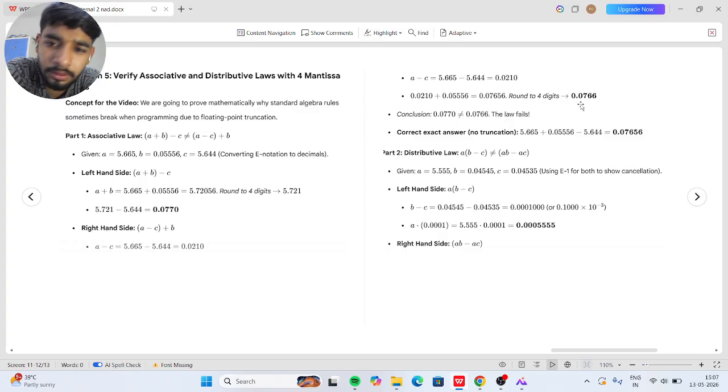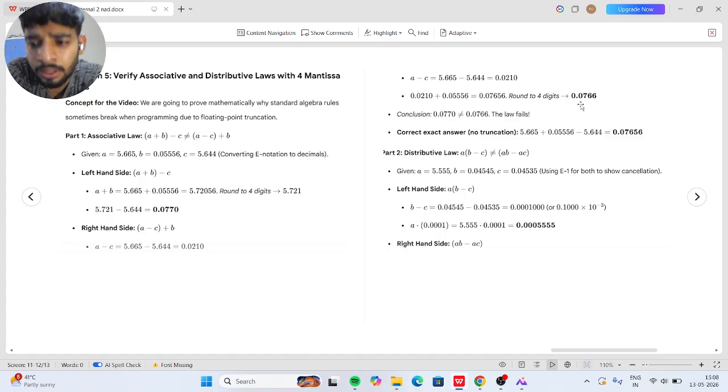Now, for the distributive law, a(b - c) is not equal to ab - ac. Given a, b and c, using E minus 1 for both cancellation. On the left hand side, b minus c is equal to 0.4545 minus 0.4535, which gives us 0.0001000.